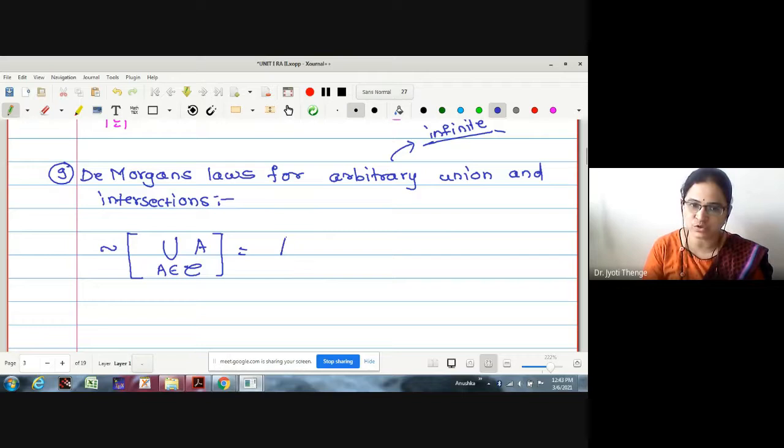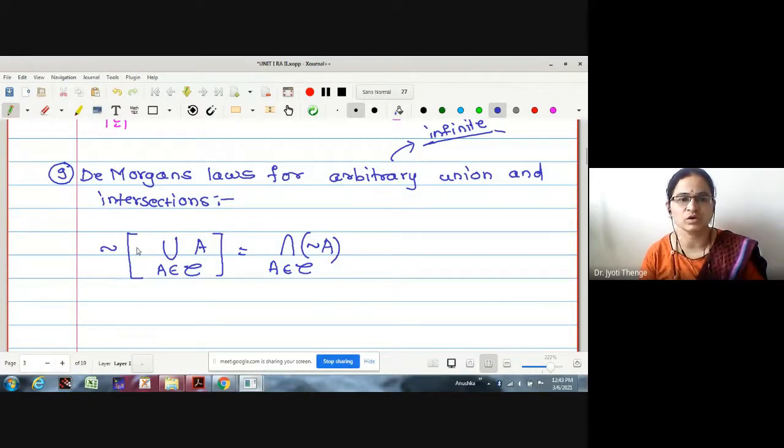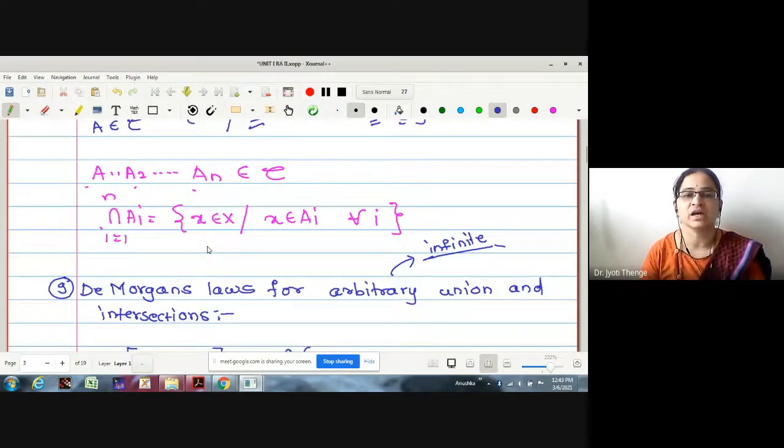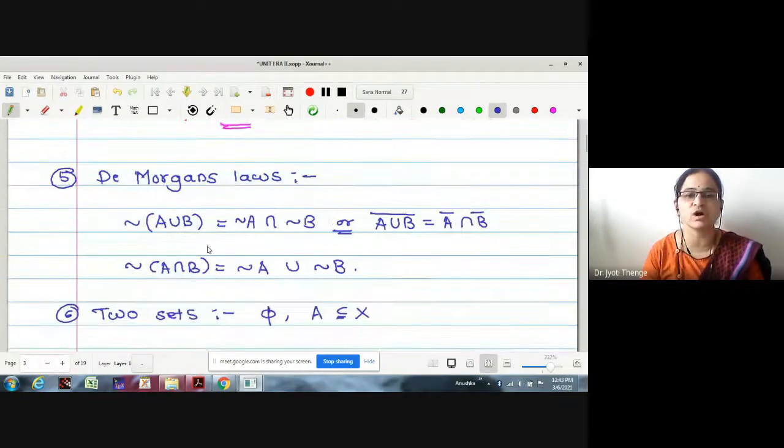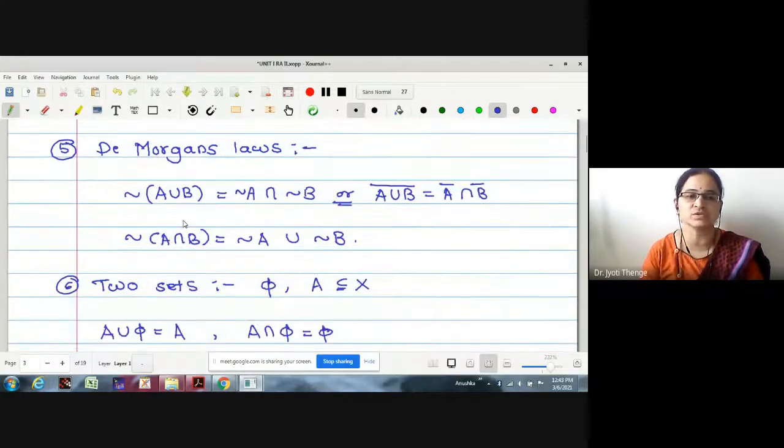Therefore, may I write this to be intersection, A is in C, of A complement. Right or not? Arbitrary union is being converted to arbitrary intersection, and we are going to take the complement of every individual set. This is very similar to the De Morgan's laws we have written in case of two sets only.